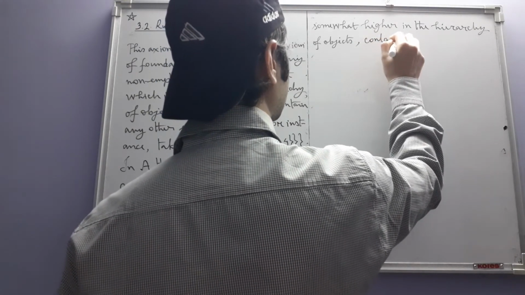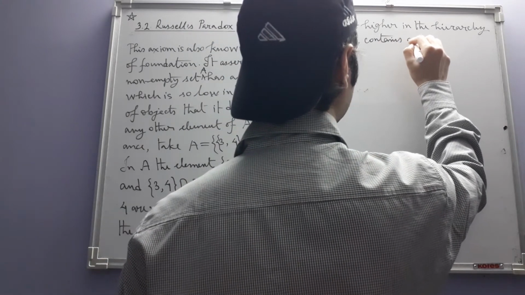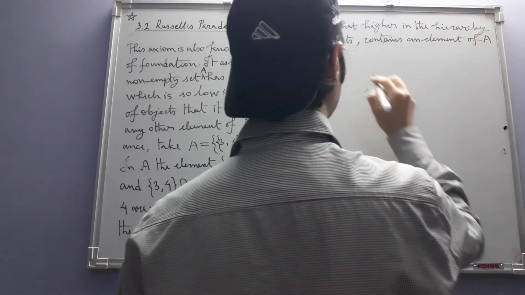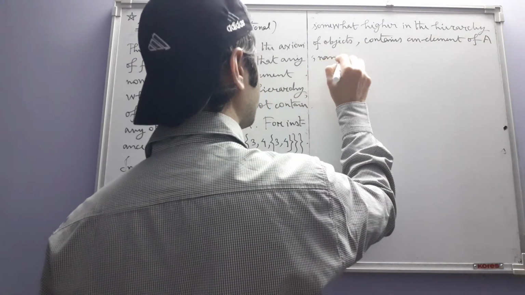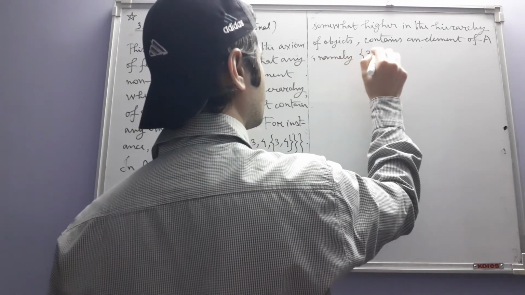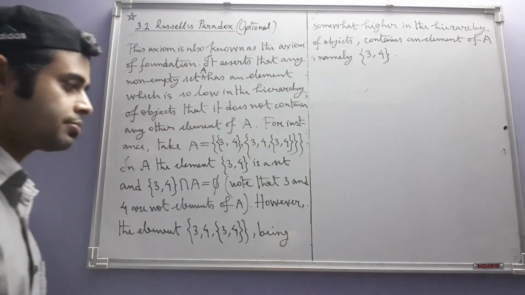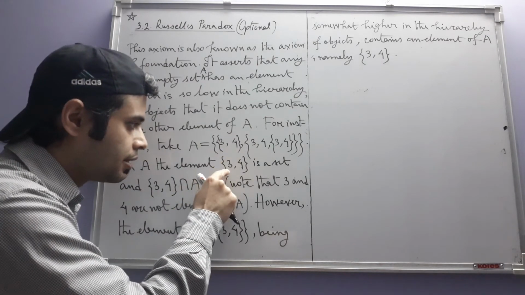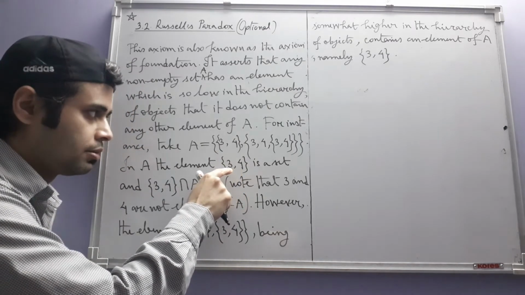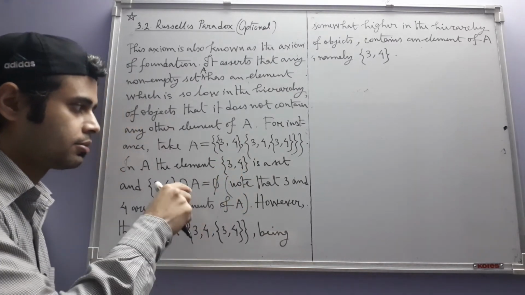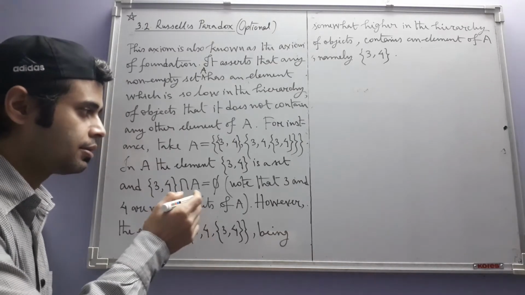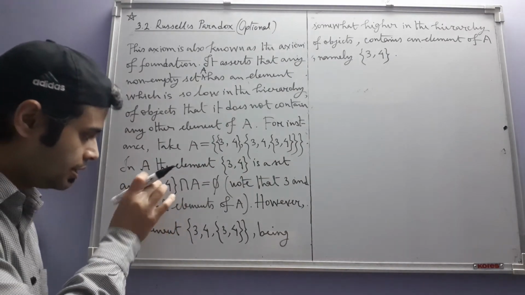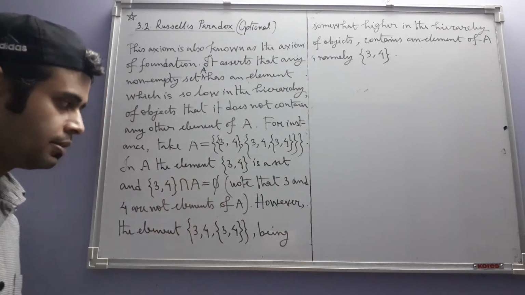contains an element of A, namely this. So simply because the elements in the first element are so low in the hierarchy of things that they cannot be elements in the original set A. That's why this element is disjoint with the empty set.